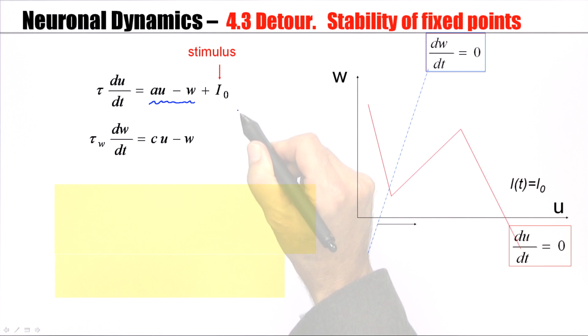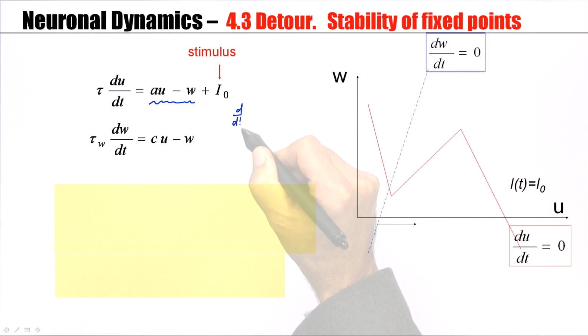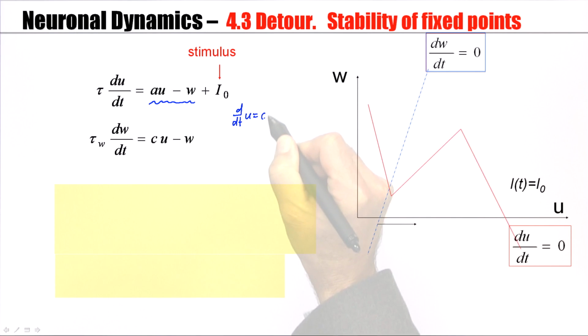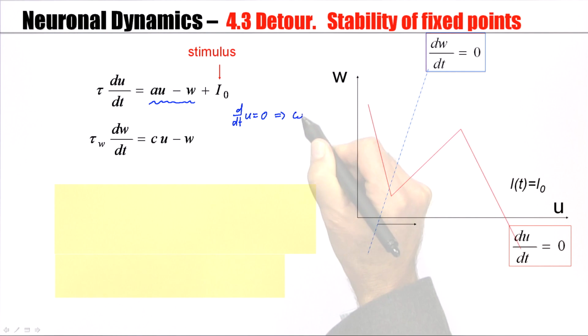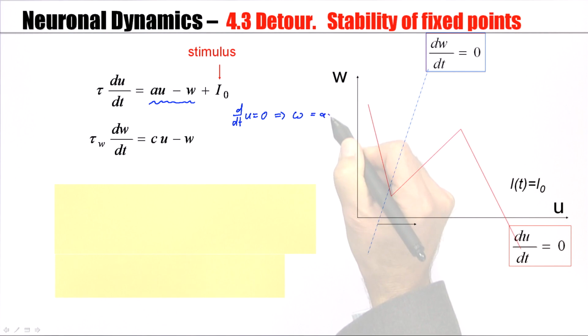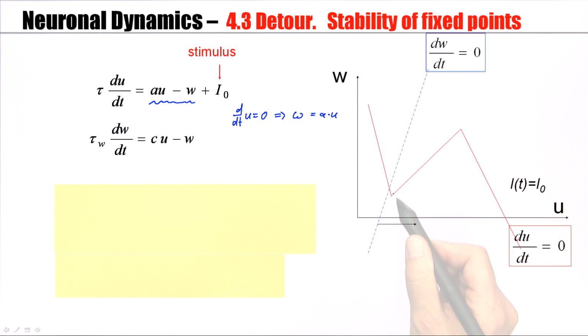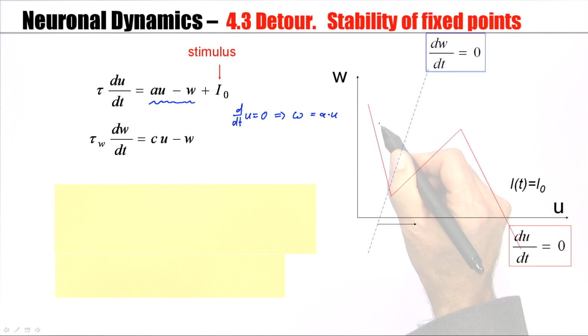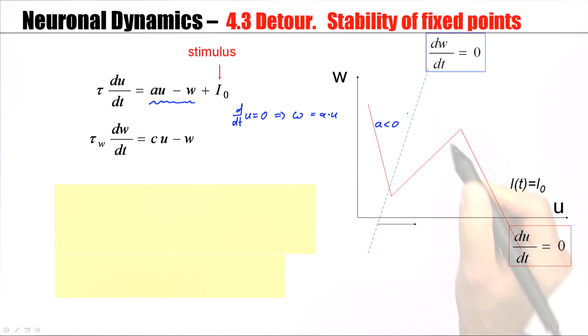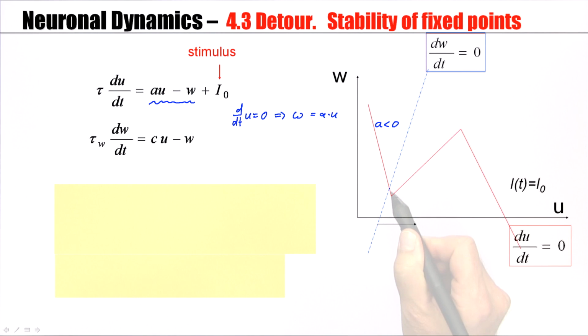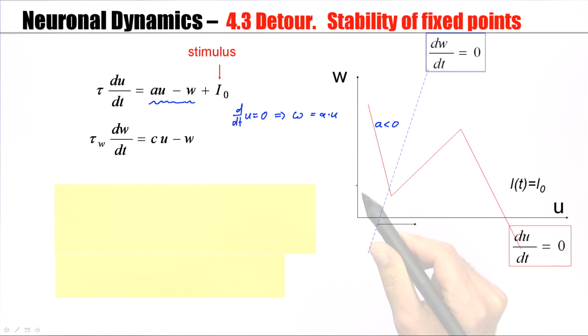If I search for d dt u equals 0, I find w equal a times u. That means for this fixed point here, I would have a smaller than 0. And the fixed point is chosen such that the voltage at the fixed point is 0, and W at the fixed point is 0. Okay.